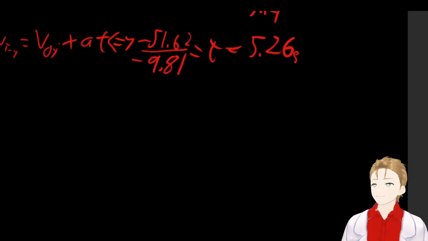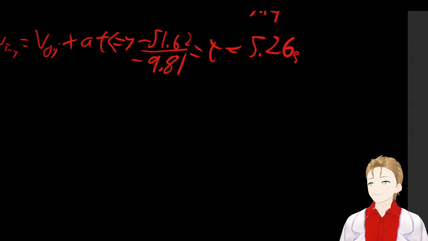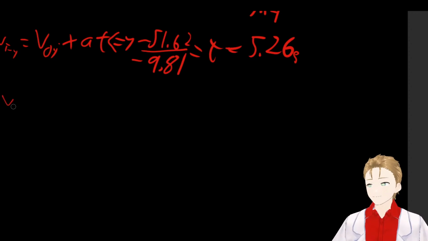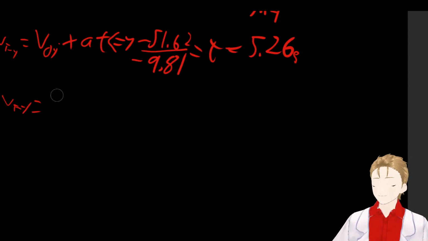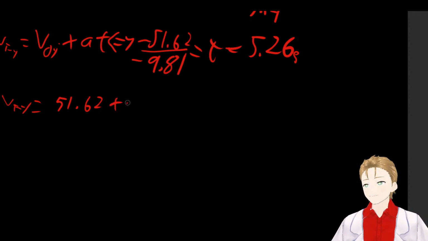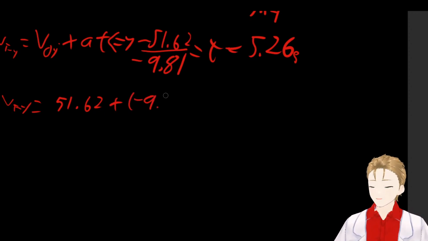Okay, let's figure out what's the speed at 2 seconds, right? We have y at, let me say, 51.62. We don't know the last one, but actually, we can probably figure out times. Plus, technically negative 9.81 times 2.